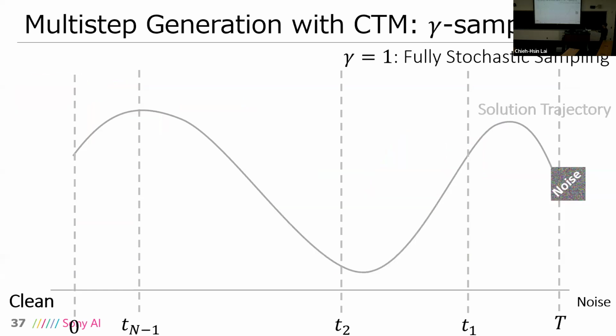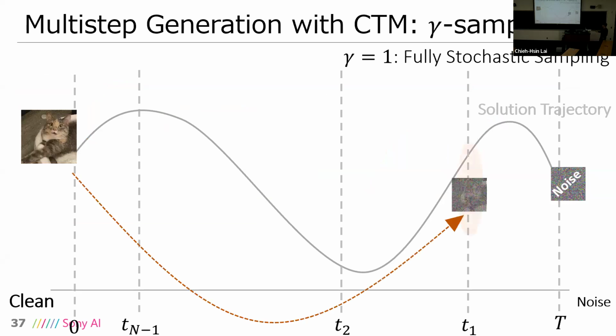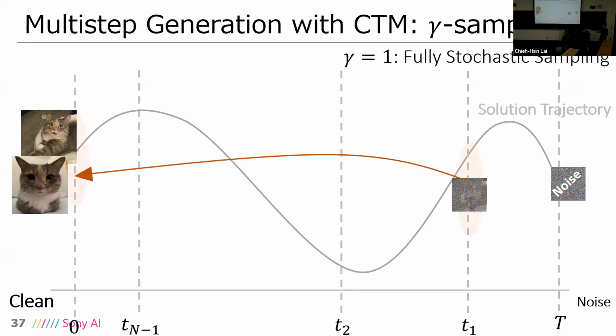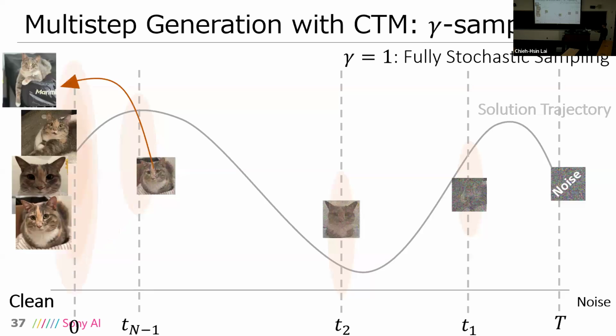At the other extreme is gamma equals 1, which is the fully stochastic sampler, where you jump one long step to the vertical, and then perturb noise back to the middle, and then do a long jump, and then perturb to the middle, long jump to the middle, and long jump.